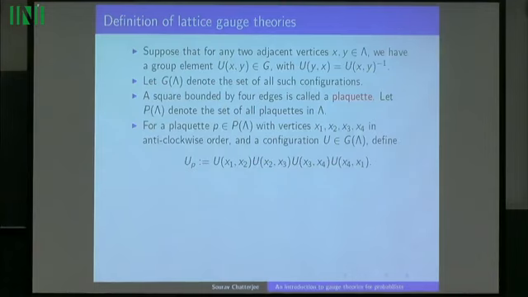Given a configuration of matrices attached to edges, you define the matrix attached to this plaquette P as the product of the matrices along the edges in the right direction: from x1 to x2, x2 to x3, x3 to x4, and back x4 to x1. You multiply the matrices, and you get the matrix attached to the plaquette.